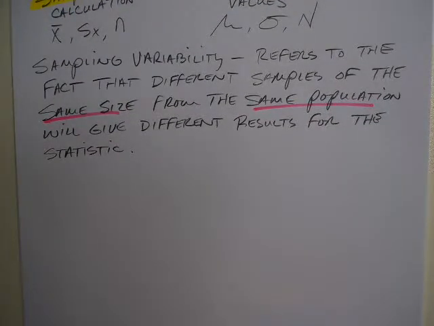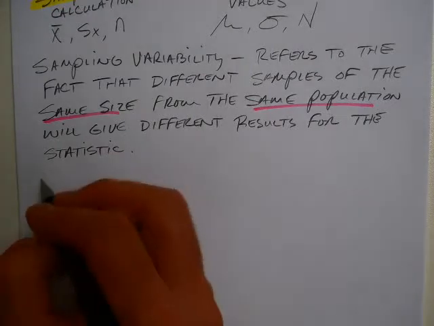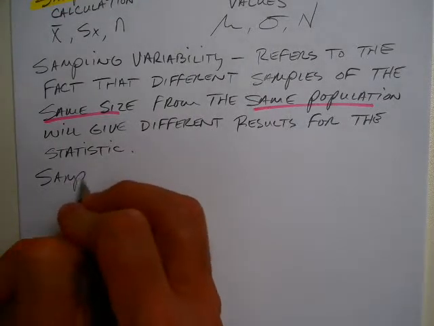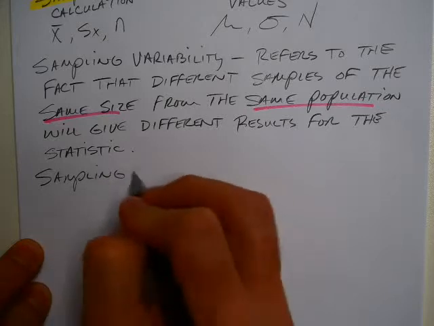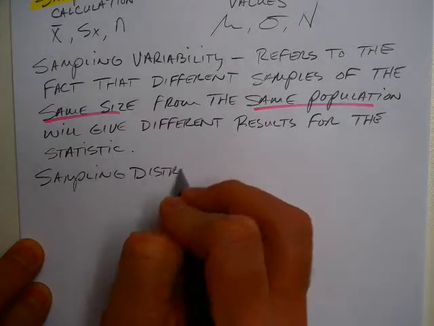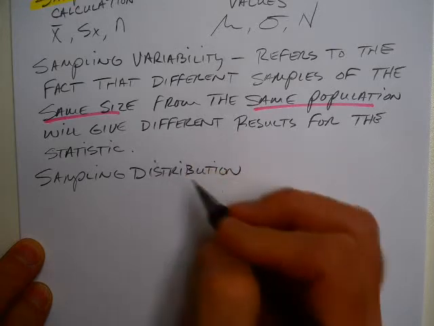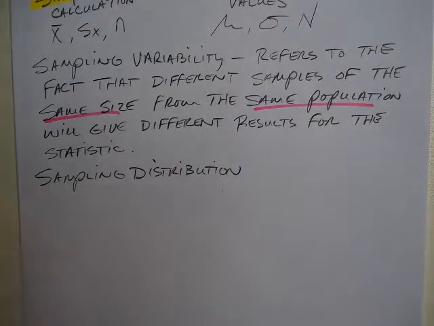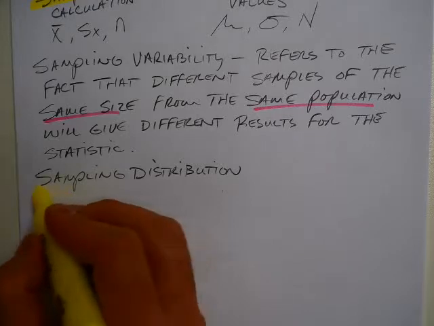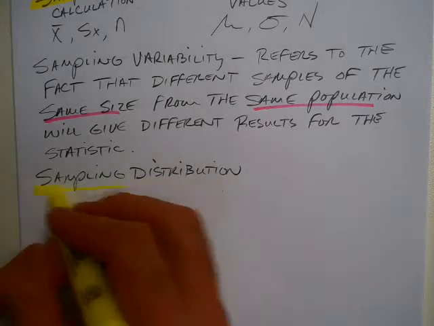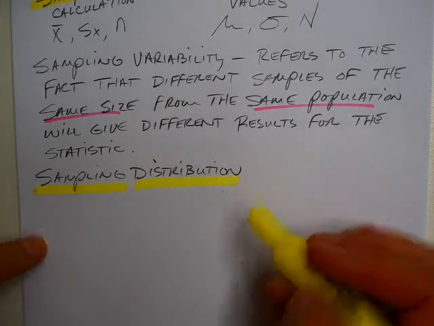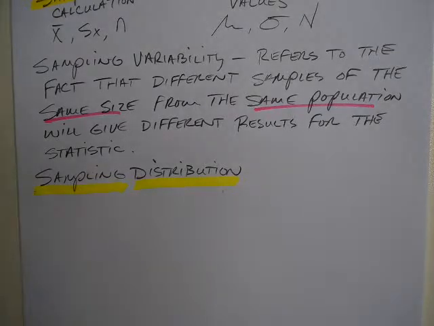Now, we get to talk about the biggie, sampling distribution. For a long time, this was just a word to me that kind of would just slip by as I was reading a problem. I didn't maybe fully appreciate what its meaning was.